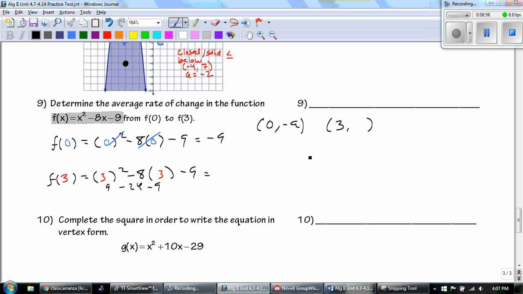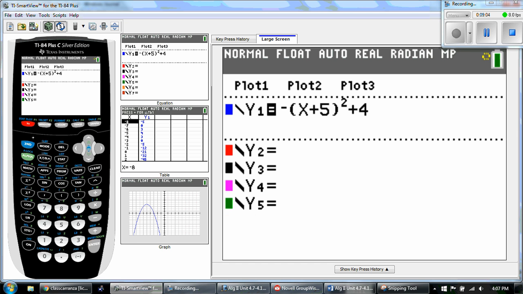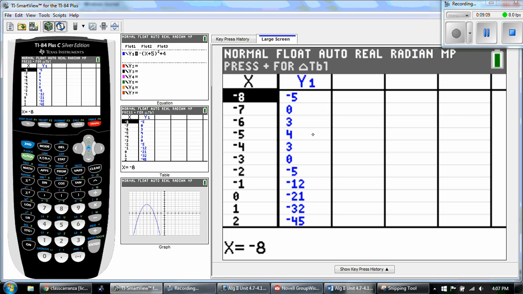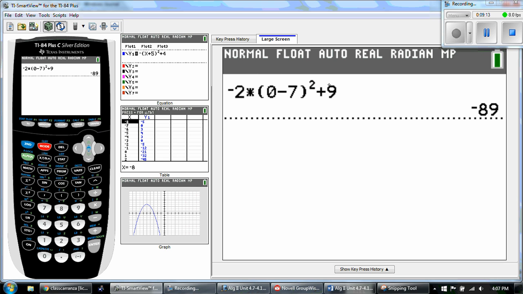Okay, when you get all that, you should get -24. Now, another way to do that is to plug that equation into y equals, and go to graph and look at it that way. Or you can just plug those points into your calculator.